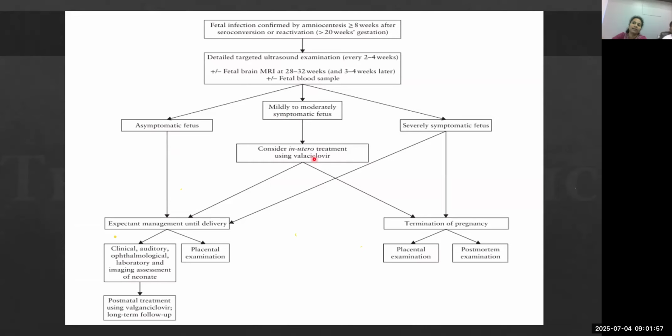The valacyclovir is especially useful in mild to moderately symptomatic fetuses, and it helps in attenuation or decreases the severity of the infection. In severely symptomatic fetuses, mostly we end up with termination because of the cranial manifestations or the cranial findings.